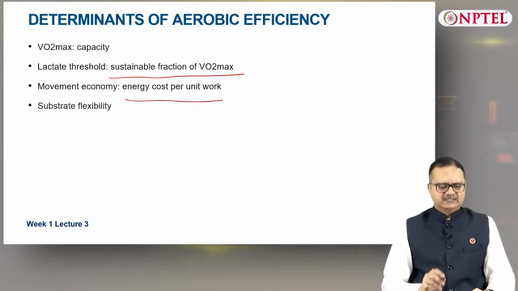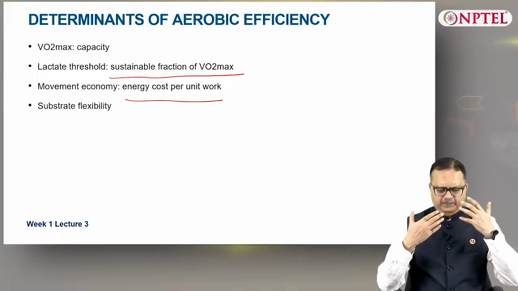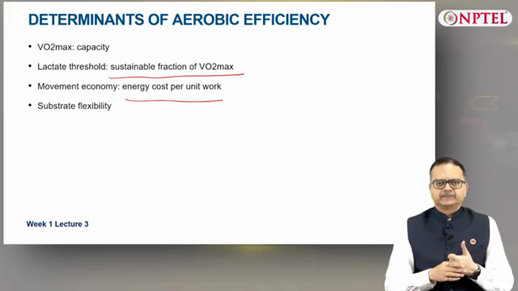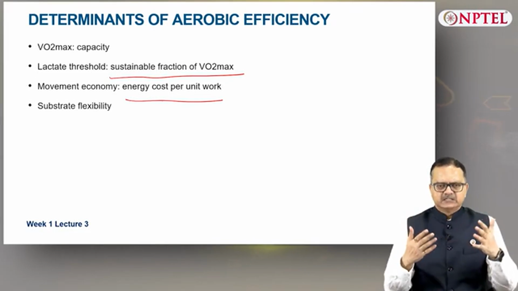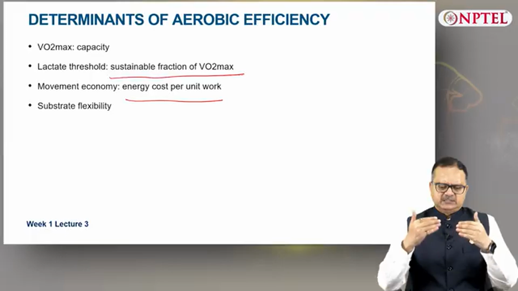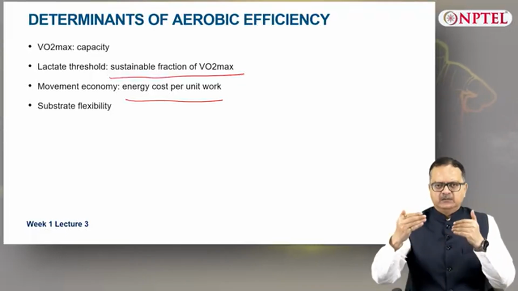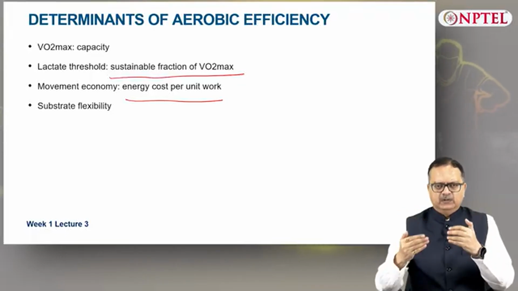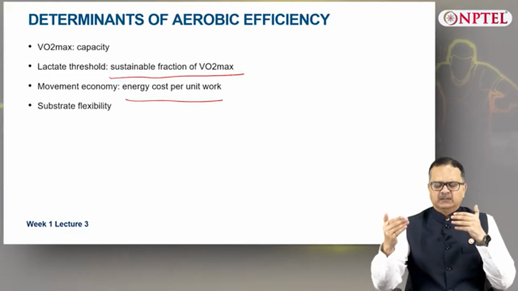Now, what does this mean? This means I am running a long distance race. When I start the race, I am burning carbohydrate. When I get into the aerobic phase, I should start burning fat.